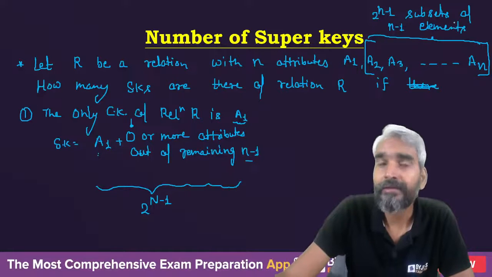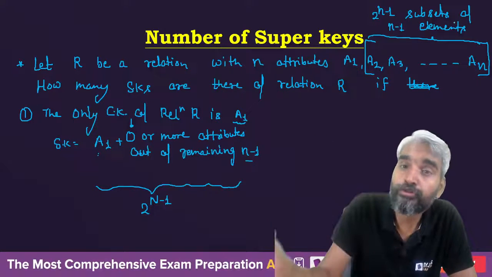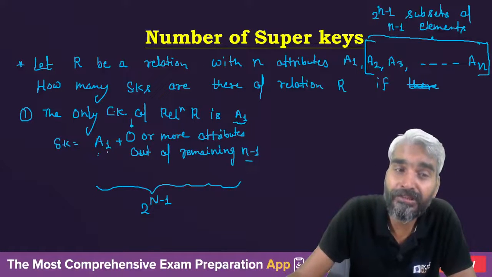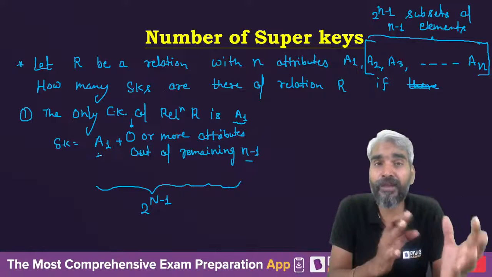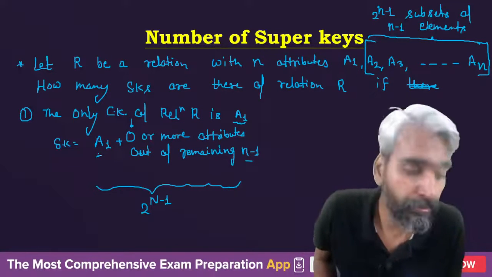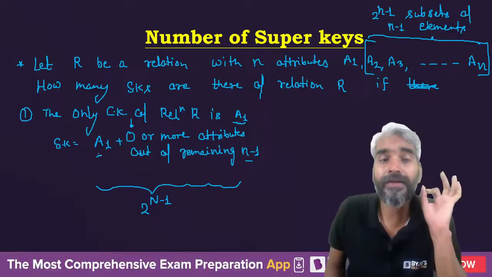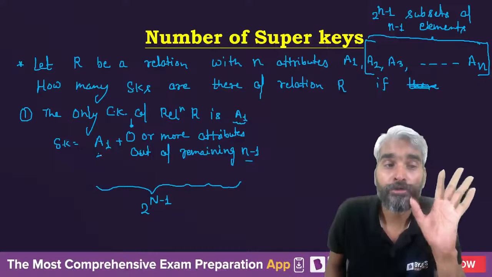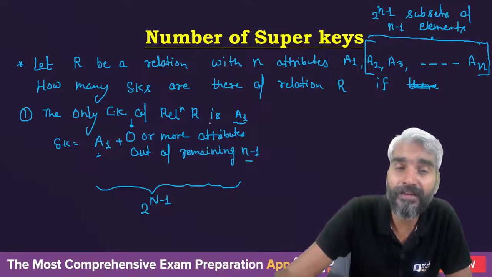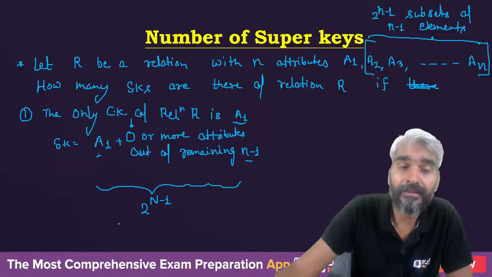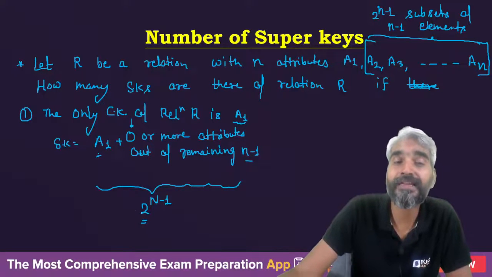You can union each of those subsets with A1, and after every union you will get one super key. So if the only candidate key of the relation R is A1, then 2 raised to the power n minus 1 super keys are possible.